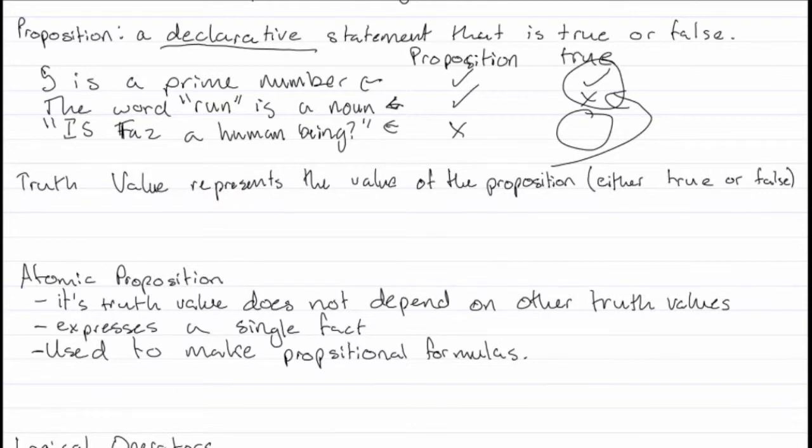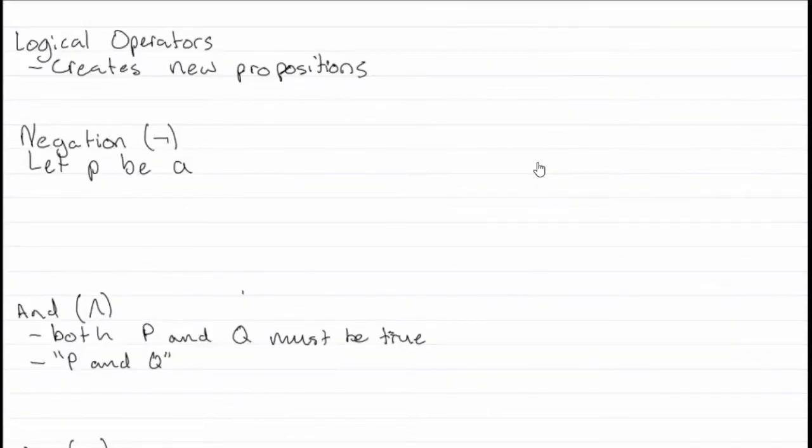These propositional formulas can then be translated into English, and then we can create sentences using propositional formulas. Now that's getting way ahead of myself, so I'm going to start talking about logical operators, which will be used to create these formulas.